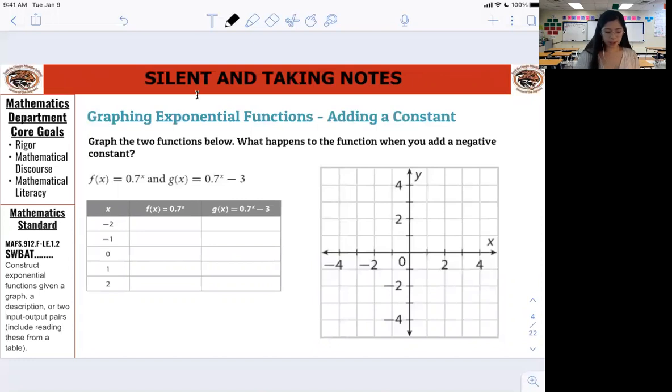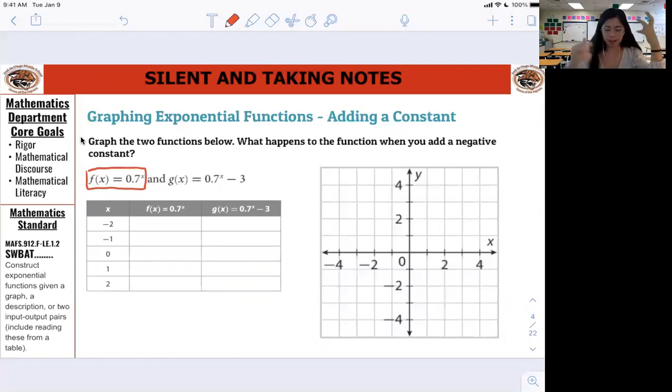So before we begin, let's think about how f of x is different from the parent function. How is it different? What's different about it? It has a decimal, exactly.